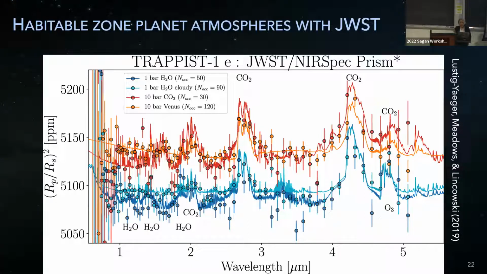Okay, so you can see the presence of clouds and hazes, which are ubiquitous on solar system planets that have atmospheres, even Pluto has hazes, makes it extremely hard to detect molecules of any kind in the atmosphere.